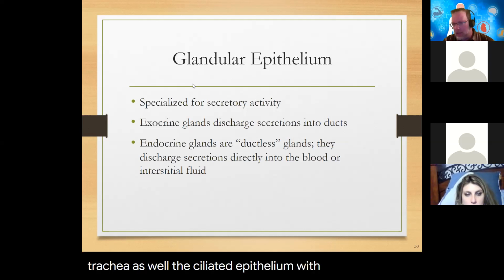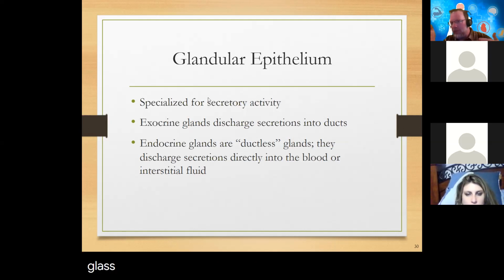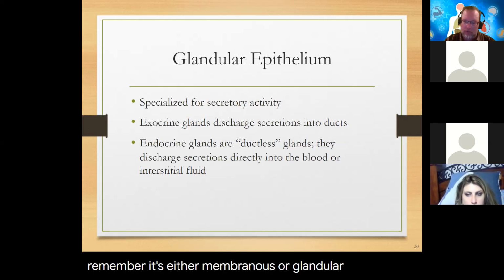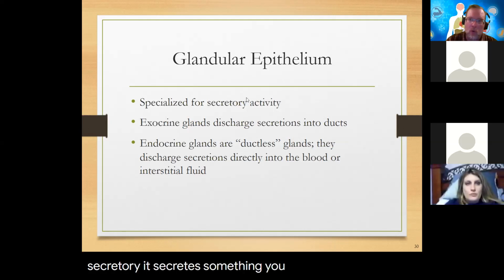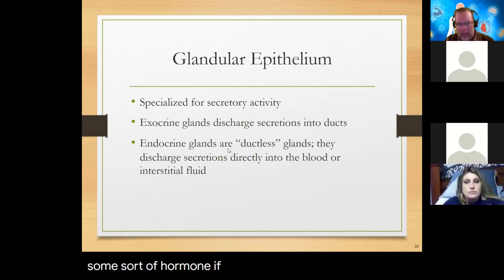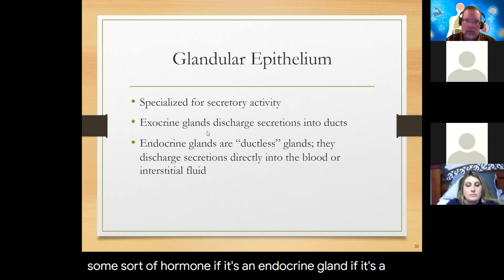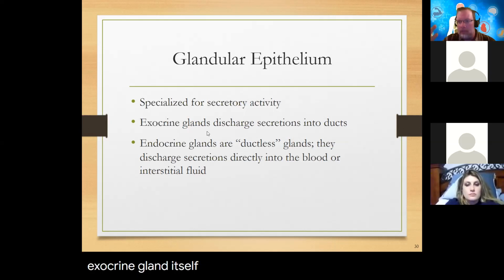So glandular epithelium is the other type of epithelium. Remember, it's either membranous or glandular. Glandular is for secretory, not secretive, well, it might be, but secretory, it secretes something. Usually it's going to be some sort of hormone if it's an endocrine gland. If it's an exocrine gland, it's going to be some other type of fluid that we're secreting through a duct.